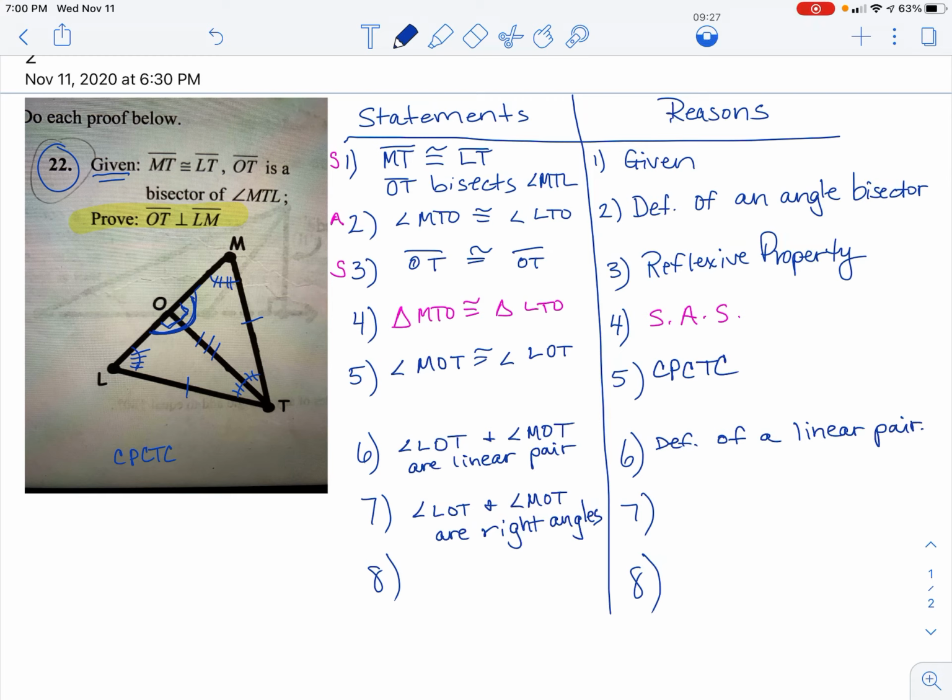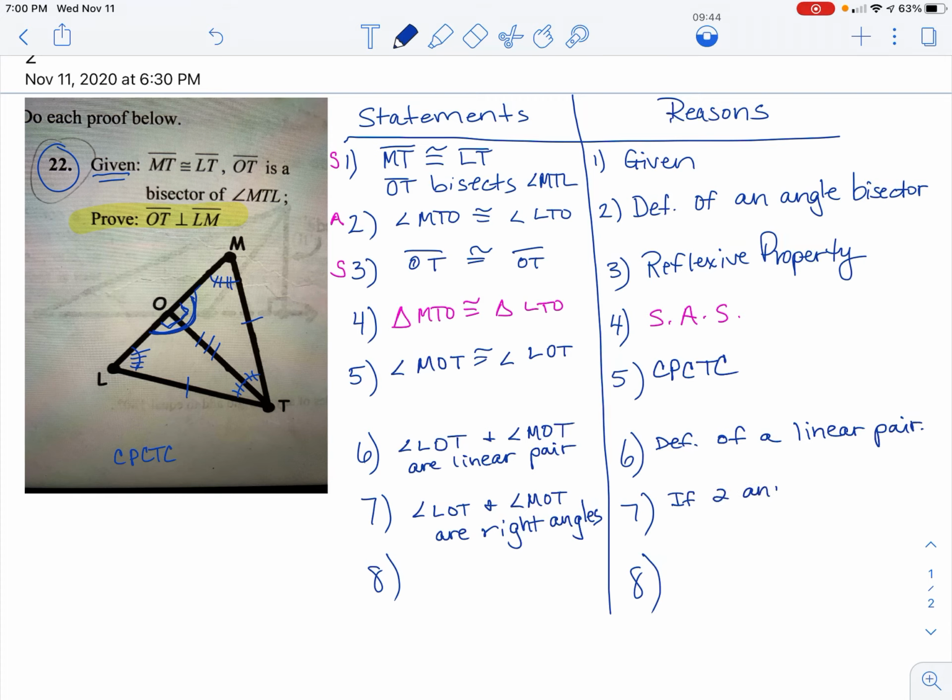And since it's a linear pair and they're equal, they have to be 90-degree angles. The reason for that is that if two angles in a linear pair are congruent, then each of those has to be a right angle.